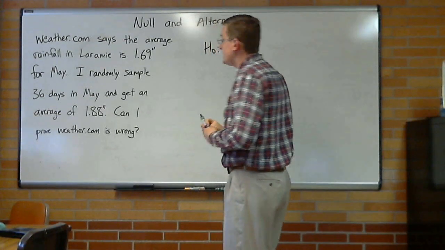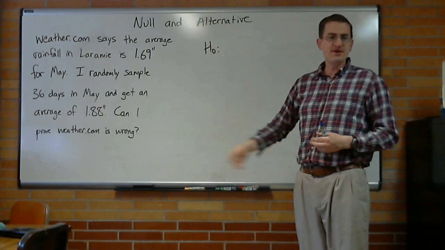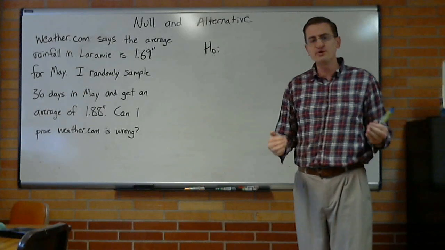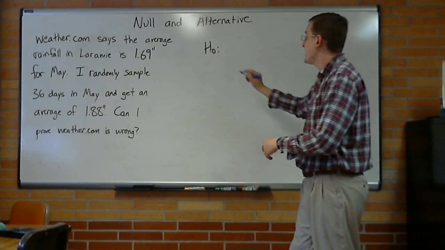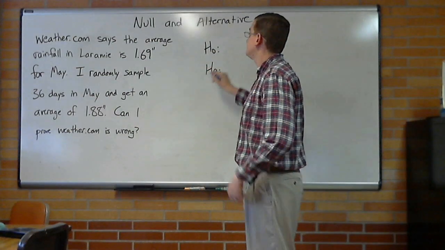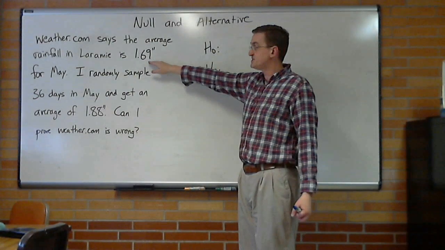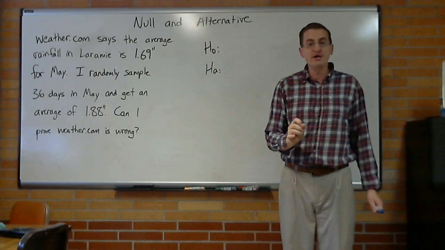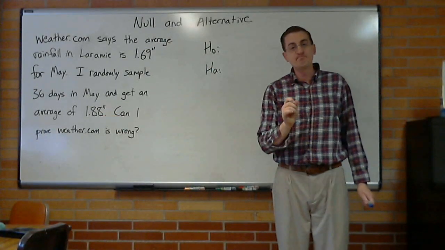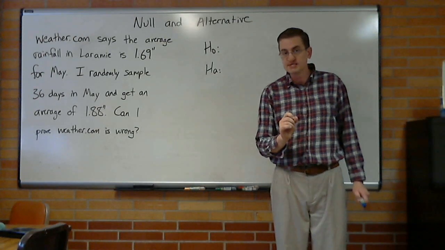So I see a couple of numbers here, and standard deviation should be on there, but that's not where our null and alternative is going to come from because we're testing the mean. We want to test the average. There's two averages on the board. We have a 1.69 and we have a 1.88. Our null and alternative need to be about the parameter, not about the statistic.